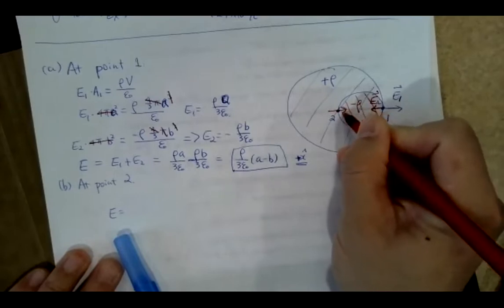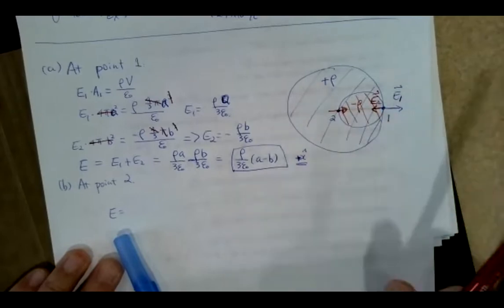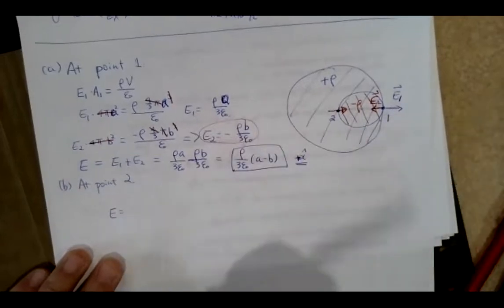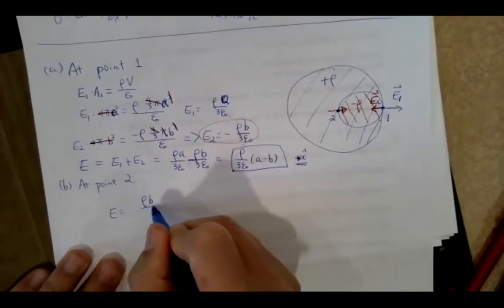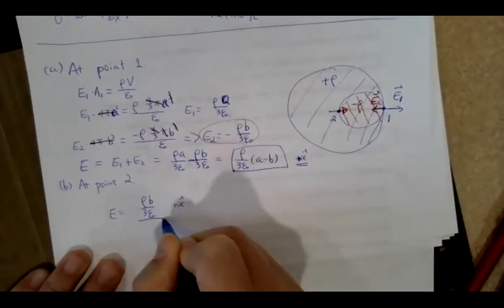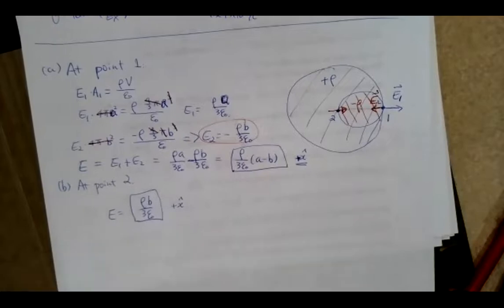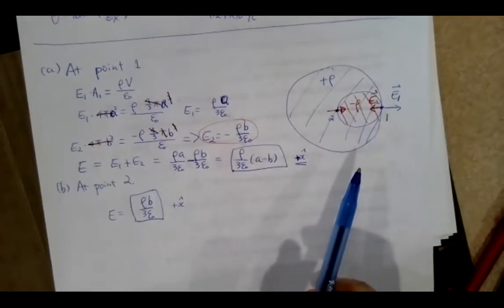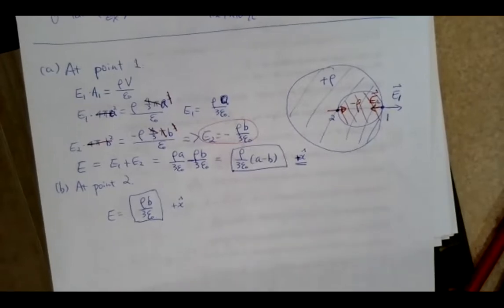So going in that direction, okay? That would be the same magnitude as this, but the direction should be positive. Should be rho B over 3 epsilon naught, again in the positive X direction, because it's purely from the small sphere. The larger sphere will give you 0 electric field. The small sphere will give you electric field in the positive X direction, okay?